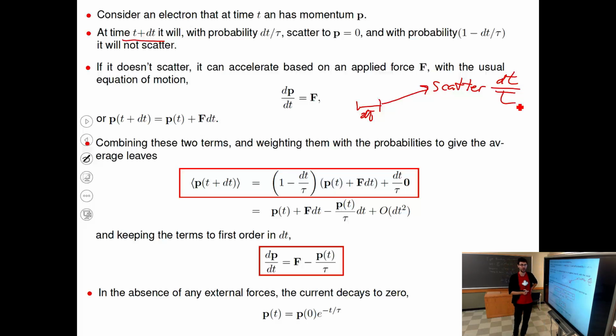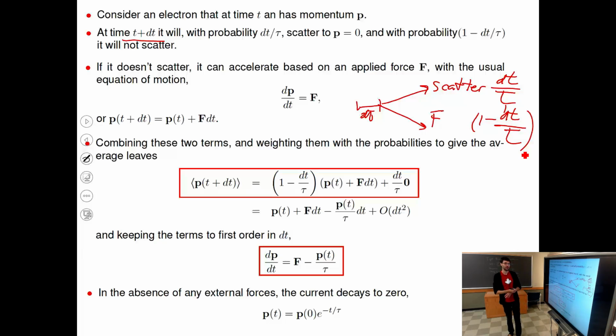Or it will not scatter and experience a force, and the probability of that is 1 minus dt divided by tau. Okay? So for each electron, in a moment dt, there are these two possibilities.